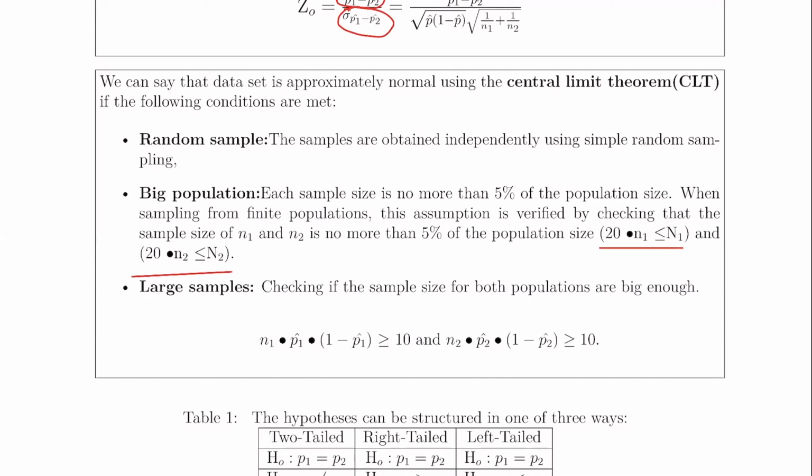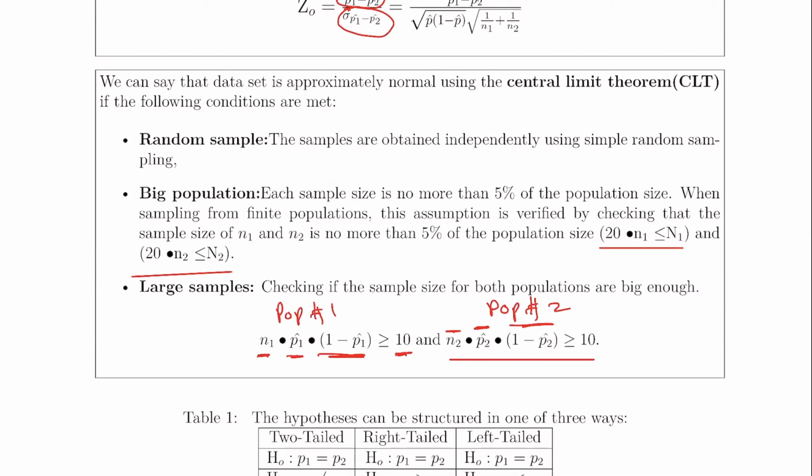For large sample size, you have to do n1 times p hat 1 times 1 minus p hat 1, and that has to be greater than or equal to 10. This is for population number 1. For population number 2, you have to do n2 times p hat 2 times 1 minus p hat 2, and that also has to be greater than or equal to 10.